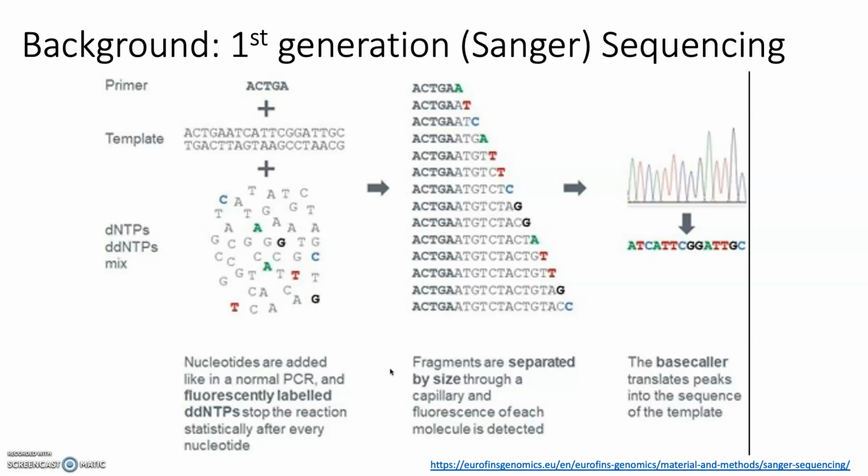As we discussed in lecture, the key components are primer, template, dNTPs, and dideoxy dNTPs. The dideoxy dNTPs have a fluorescent tag associated with them, there are 4 different fluorescent tags, and they terminate the sequence because there is no hydroxyl group necessary for continued polymerization of the DNA onto the template from the primer.